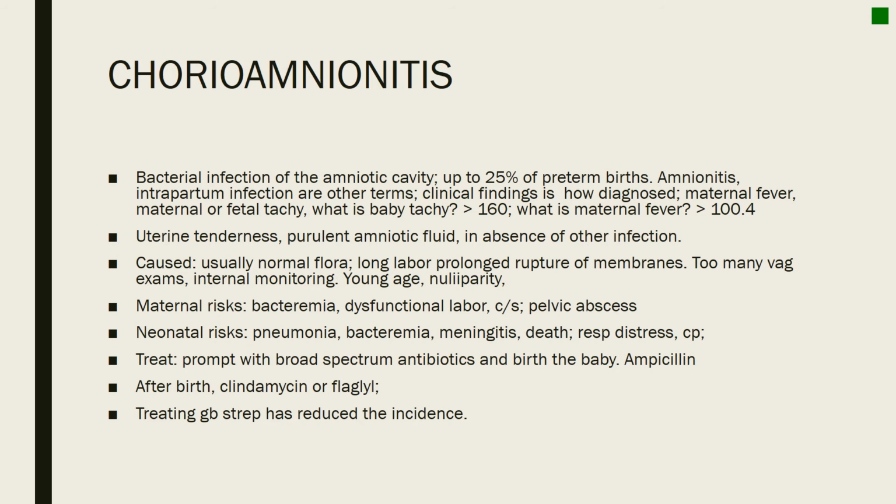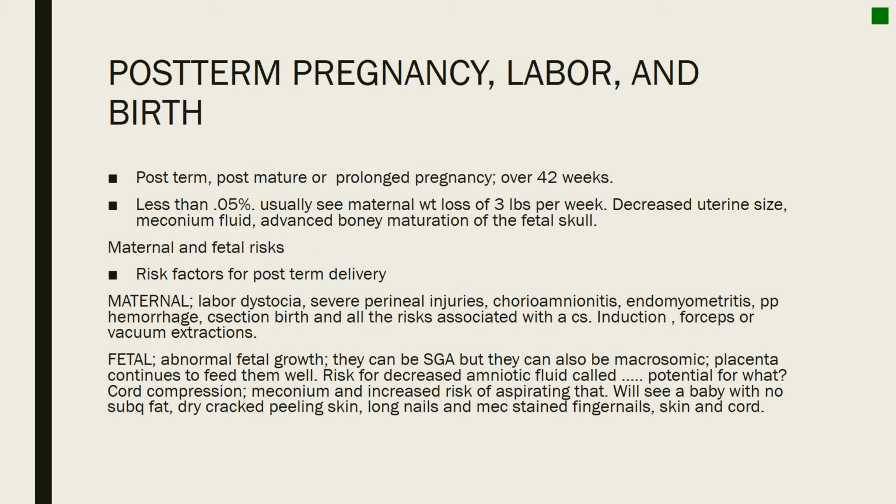Neonatal risk: pneumonia, bacteremia, meningitis, respiratory distress, and death, cerebral palsy. We're going to treat very promptly with broad spectrum antibiotics, and that baby needs to come out. Ampicillin, afterwards we're going to have clindamycin or Flagyl. And actually by treating group B strep, now we've kind of reduced the incidence of this.